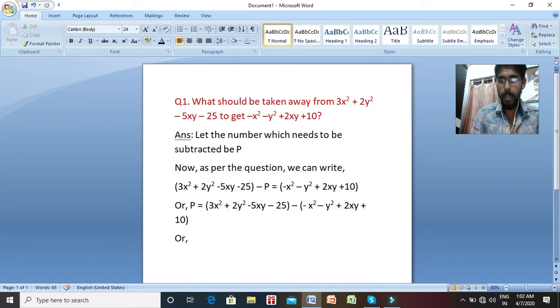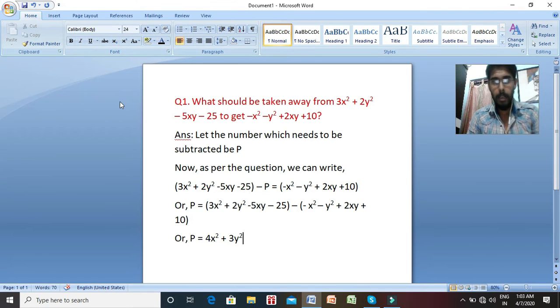So we simply need to subtract this thing. In order to subtract that, 3x squared, and here there is a double negative before x squared, so negative into negative will give positive. So 3x squared plus x squared equals 4x squared. Again plus 2y squared and again plus y squared, so that will be plus 3y squared.